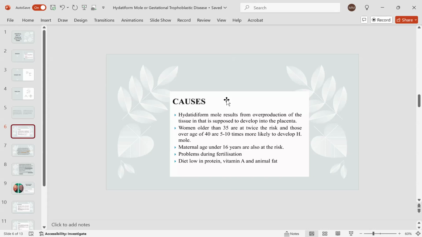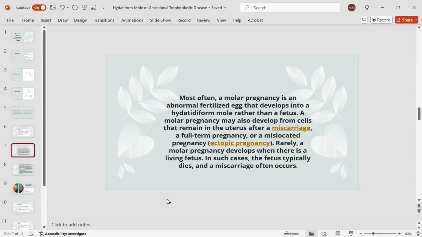Also, dietary nutritional deficiencies like low protein, vitamin A, and fats are sometimes a cause, so people that are truly malnourished. You see it very, very infrequently in this country, but in other parts of the world you see it more frequently, sadly. So the egg gets fertilized. It's a pregnancy usually, but instead of developing into a baby, it develops into just a group of cells, basically. Okay.